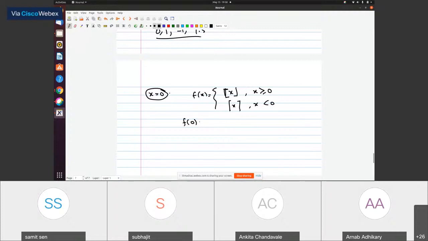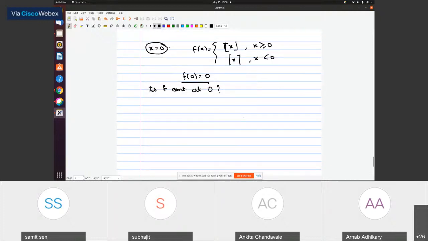So f of 0 is nothing but 0 here. Okay, so is f continuous at 0? Yes, sir. Why? Sir, because I did it by assumption. What is this limit as x tends to 0? It will be 0.